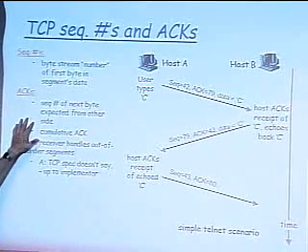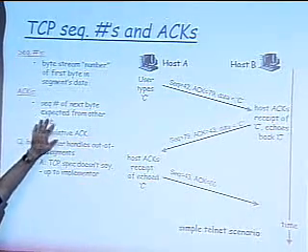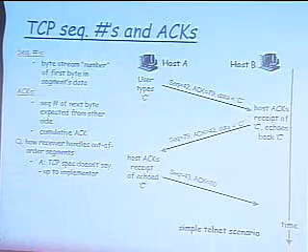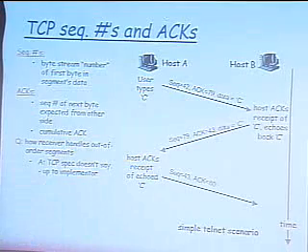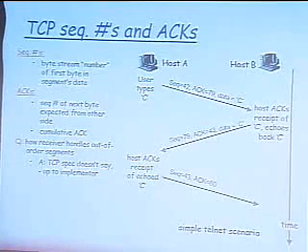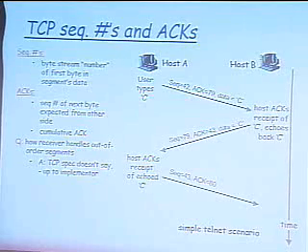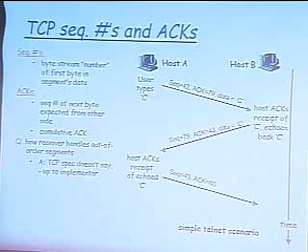The acknowledgement is the sequence number of the next byte which is expected from the other side. And TCP implements cumulative ACKs. So any acknowledgement acknowledges everything that has come so far.